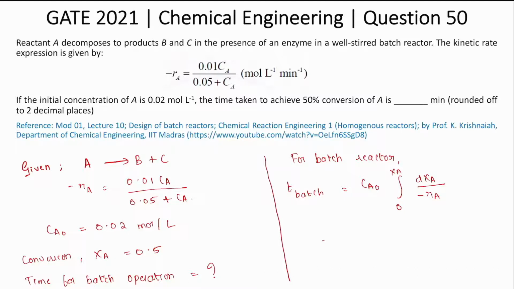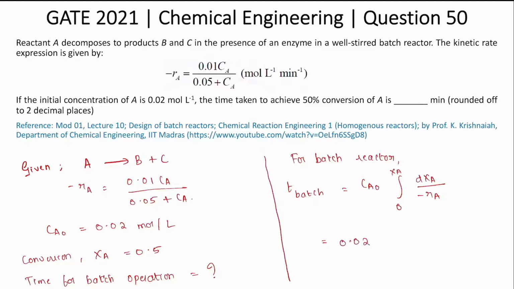So here t batch is the time taken by the batch reactor for batch operation, Ca0 is the initial concentration, Xa is the conversion required, and minus Ra is the reaction rate. So t batch essentially means the time taken by a batch reactor to achieve a conversion of Xa. And we can obtain this equation by the material balances.